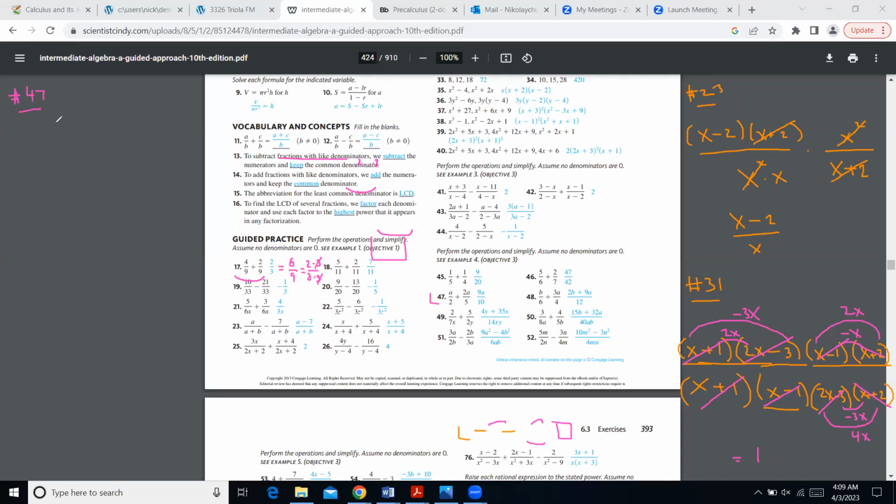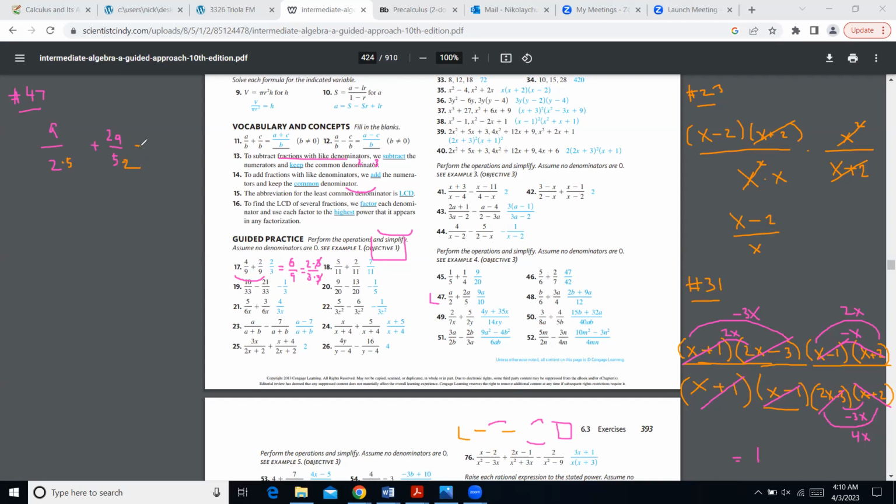When you try to add a over 2 with 2a over 5, if your denominators are not equal, then you need to make them equal. You need to find the same denominator, and I multiply those denominators together, 5 by 2 and 2 by 5.